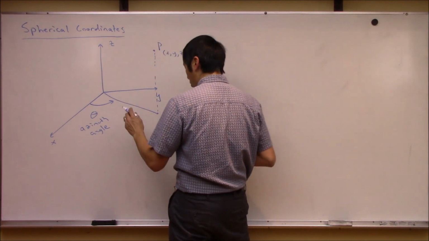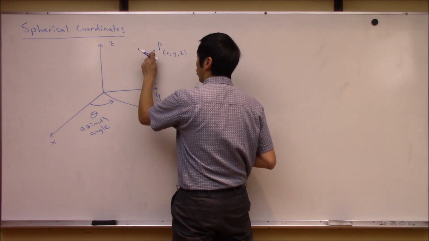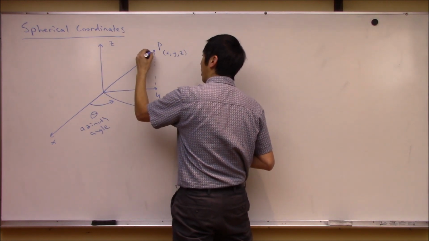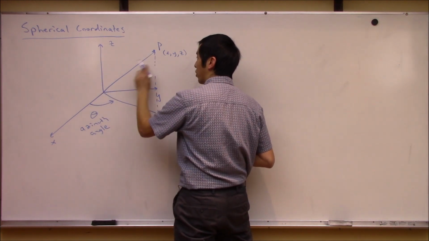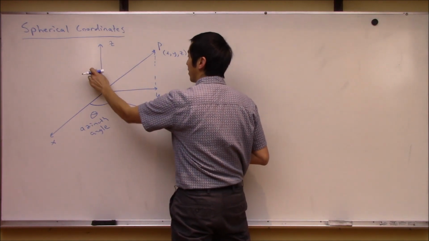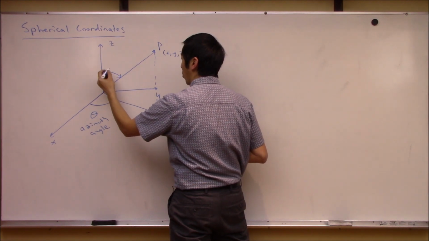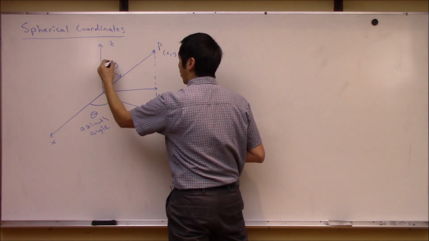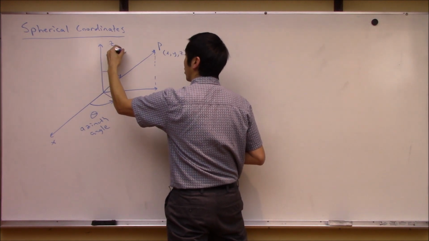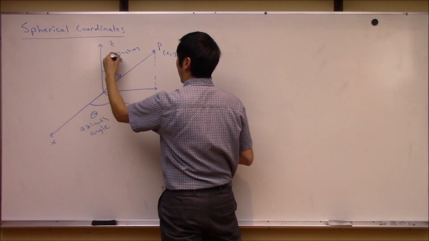But now what we want to draw is a line from the origin of the Cartesian system directly to point P. This comes straight from the origin out to here. Now the angle that this line makes with the z-axis, and this is going to be hard to draw, which is why I wanted to show it with the cardboard, is our angle phi, which is our inclination, or sometimes referred to as the polar angle.